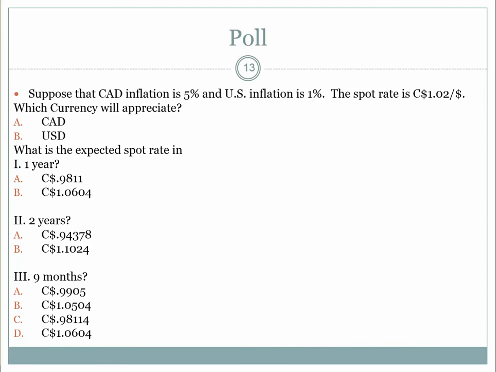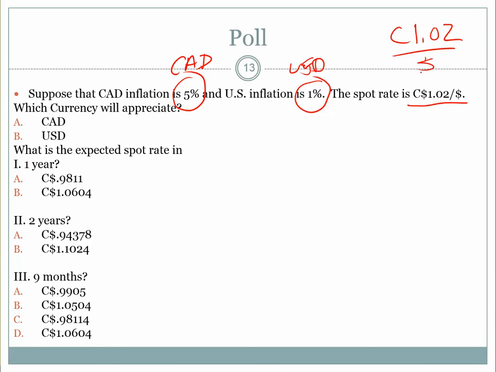So here are a couple questions. Suppose that the inflation in Canada is 5% and the annualized inflation in the US is 1%. So Canada has 4% higher inflation. The spot price of the exchange rate, CAD per dollar, is 102 CAD per 1 US dollar.